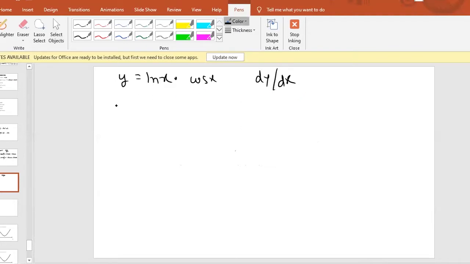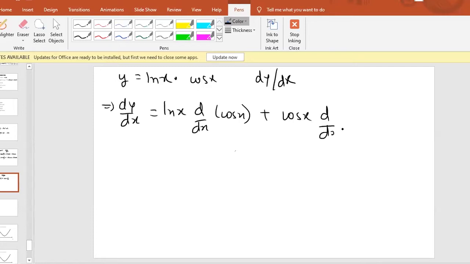For using the rule, dy by dx must be equal to what? First of all, we take this function as constant, log x, differentiation of cos x, plus cos x d by dx of log x. So log x, differentiation of cos x is minus sin x, plus cos x.